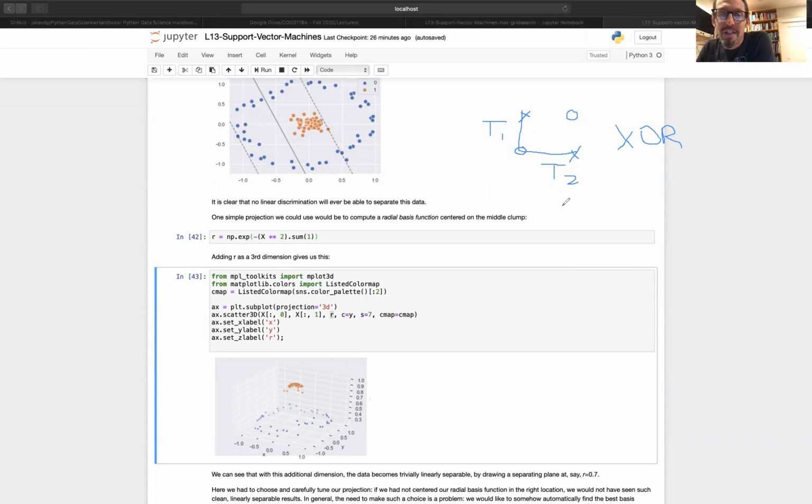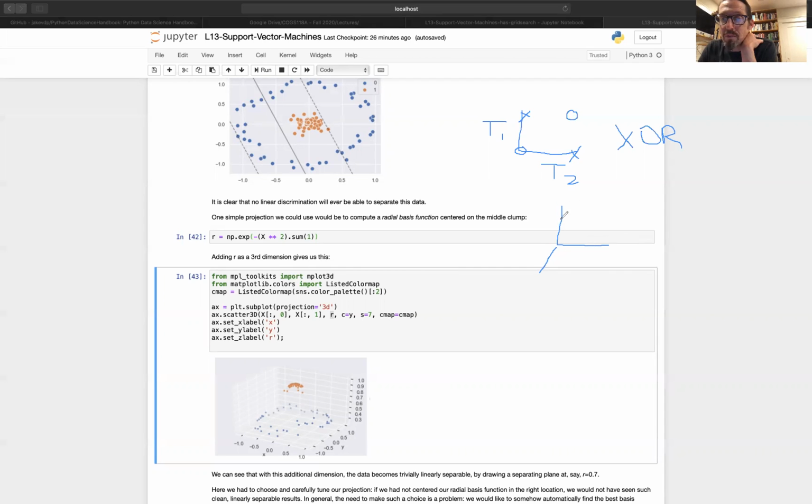Well, you could do this too. We can draw a third dimension now, and we can have the same setup here with x1 and x2.